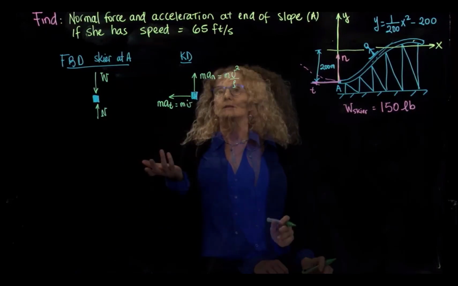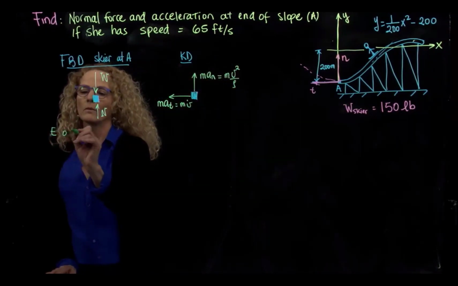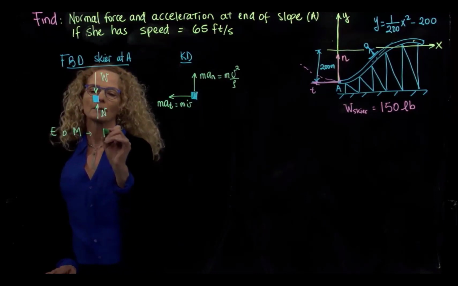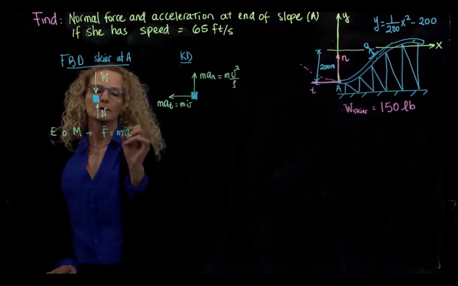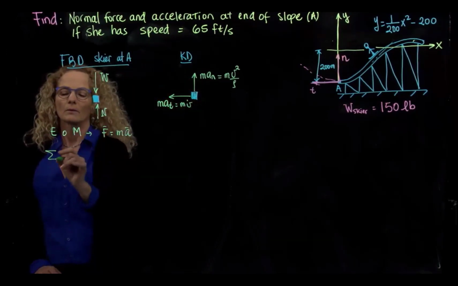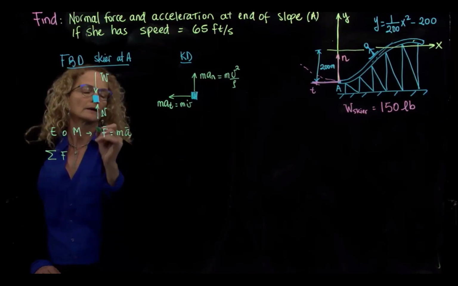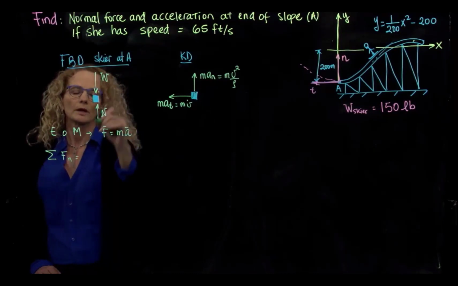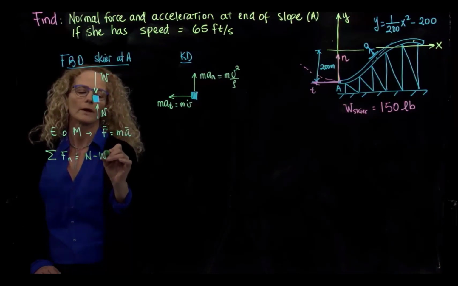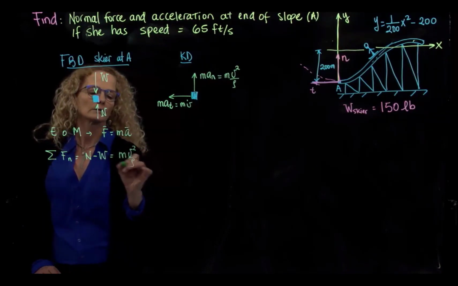So in our equations of motion, force equals mass times acceleration as a vector, in the normal direction we have N minus W equals mass times velocity squared over radius of curvature.